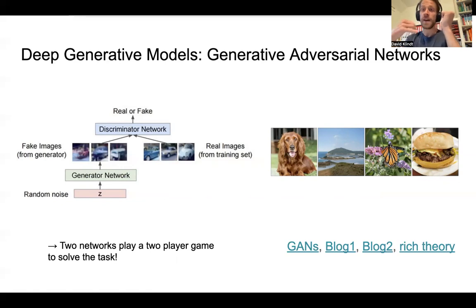So the faker, the forger, I think one way of explaining this is like with art forgery. The forger has to try and come up with better and better fakes. And the discriminator has to tell which is fake and which is real. And so you're training them against each other. In the beginning, everything looks fake, everything is really terrible. But over time, the things that the generator is producing start looking better and better.